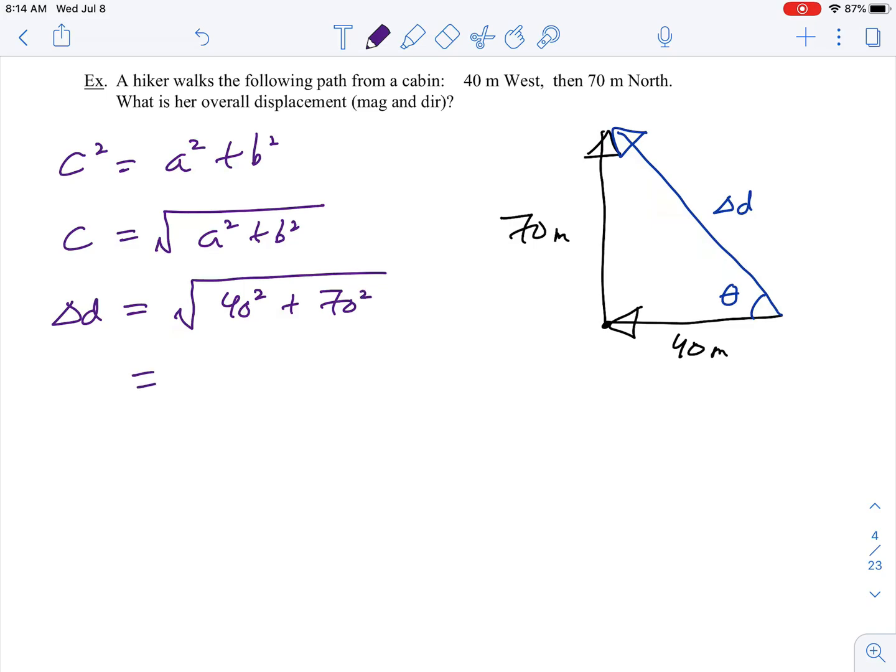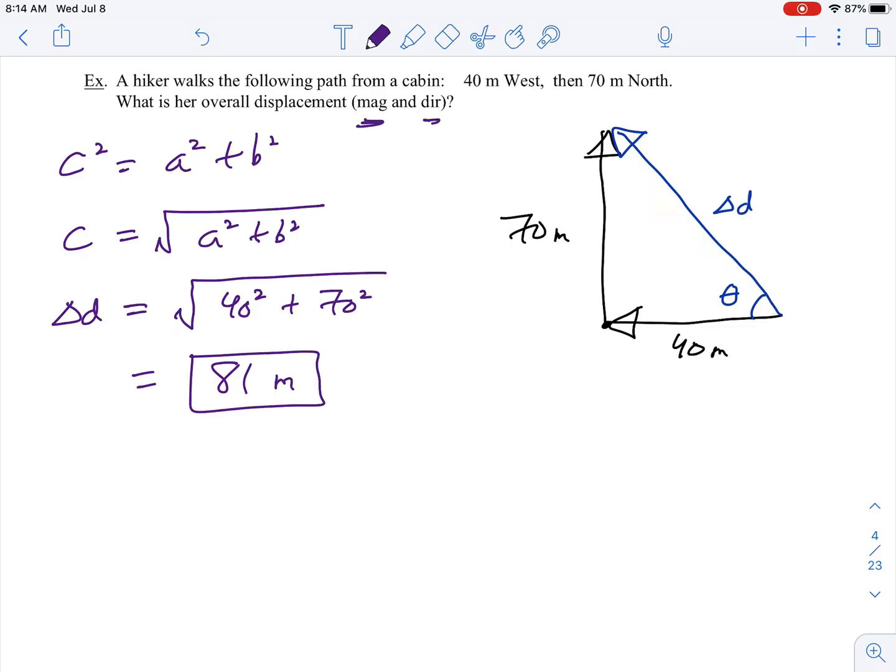All right, so let's do that in our calculators. And to two significant digits, I get about 81 meters. Okay, so that's the magnitude.